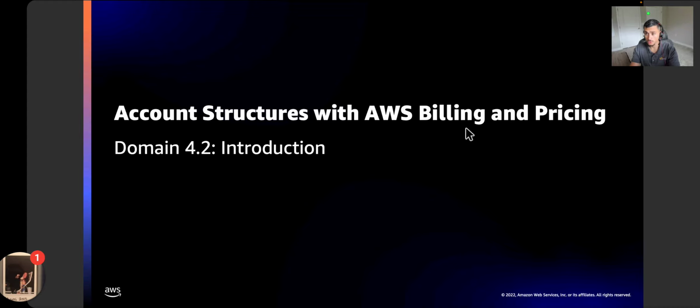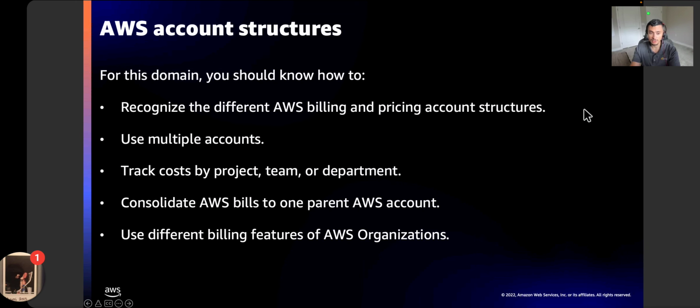Domain 4.2 is about account structures with AWS billing and pricing. So a couple of things to understand for this subdomain is to recognize different AWS billing and pricing account structures, specifically when we're using multiple accounts. So if we have multiple AWS accounts, we want to be able to track our costs using cost allocation tags, which I'll talk about.